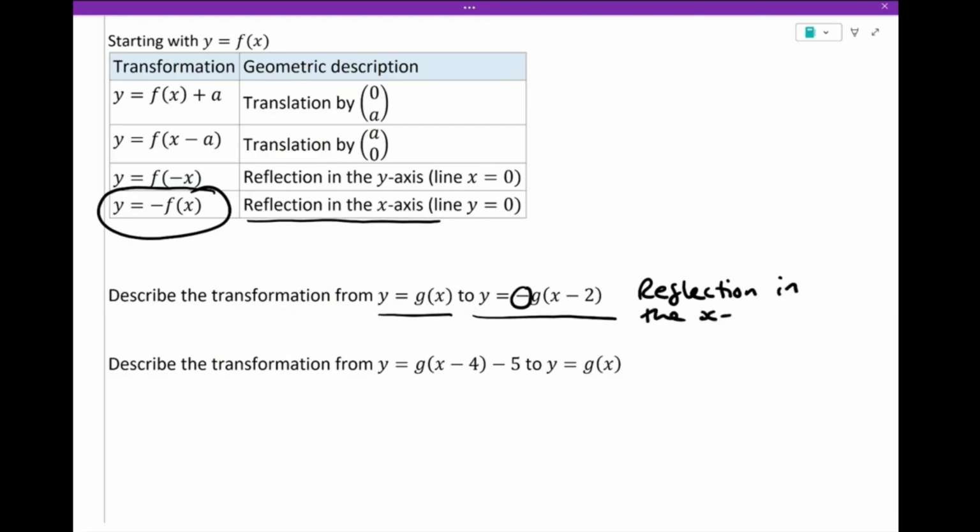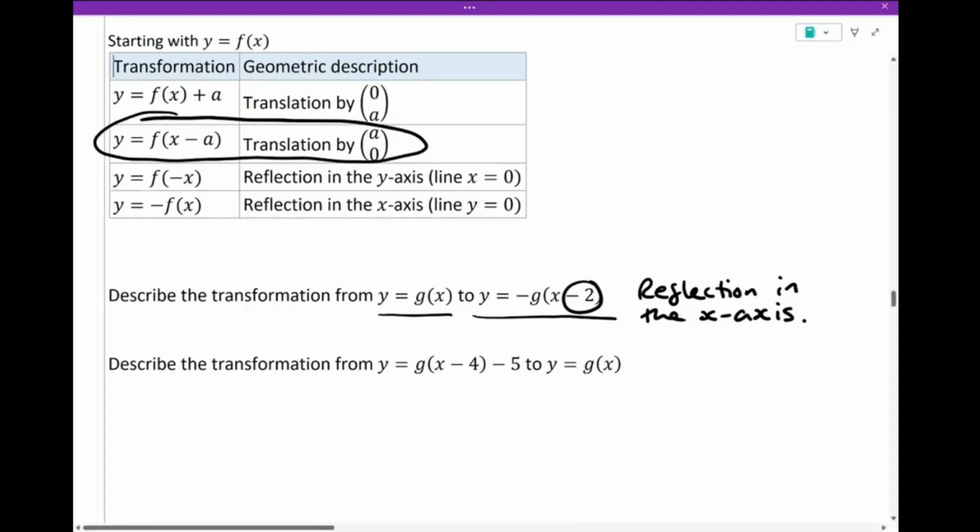And then we just have to consider the other difference we have here. Okay, which is the subtract 2 in the bracket. Well, if there's a number being subtracted in the bracket, it's going to be this transformation here, our second one in our table, our horizontal translation. Okay, so the negative a inside the bracket is the negative 2. So therefore, positive a would be positive 2. So now we have the information to write out.